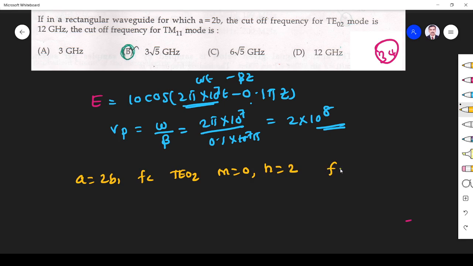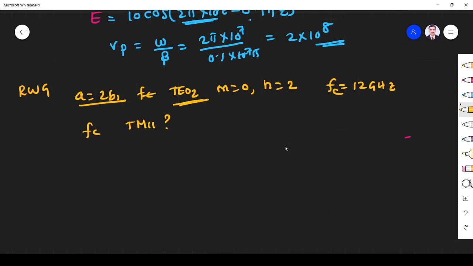What is the cutoff frequency for the TM11 mode? They are asking that. So first we have to find what the a and b values are, then only we can proceed.